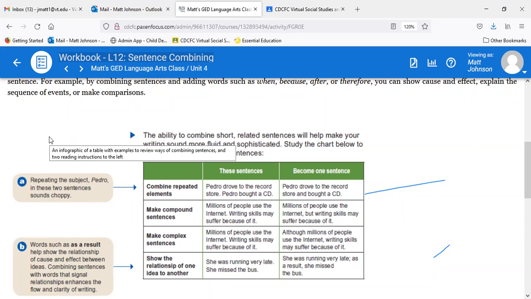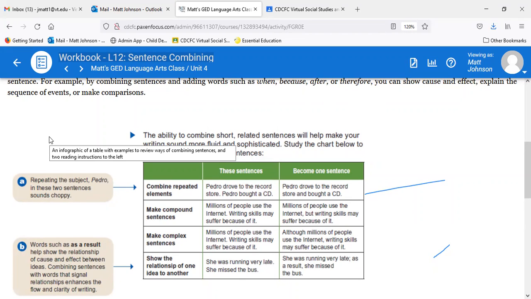Millions of people use the internet, comma, but writing skills may suffer because of it. So we don't change anything really about the structure of the sentence. Millions of people, that's the subject in that first sentence. Writing skills, subject in the second sentence, right? But we add but, and we make a compound sentence.